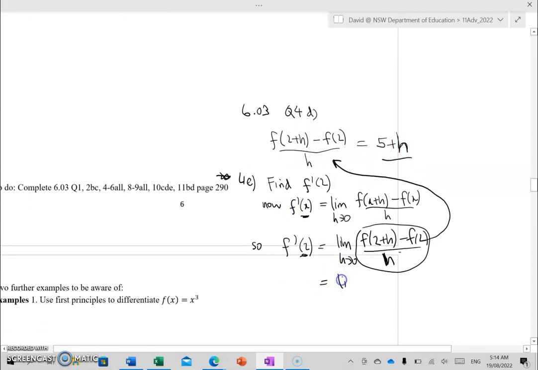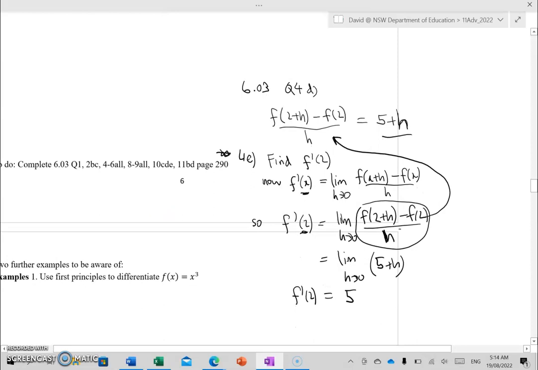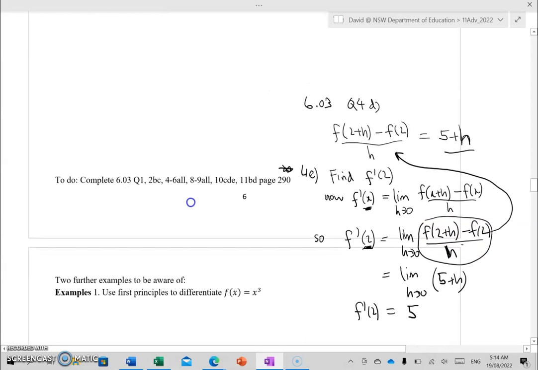So this is just saying work out the limit as h goes to 0 of the difference quotient, which is 5 plus h. I've eliminated h from the denominator, so the answer for f dash of 2 is going to be 5. So I just wanted to show you an example where sometimes if they want a particular value of x, they just substitute in early into the rule that x is 2. Okay? Alright.